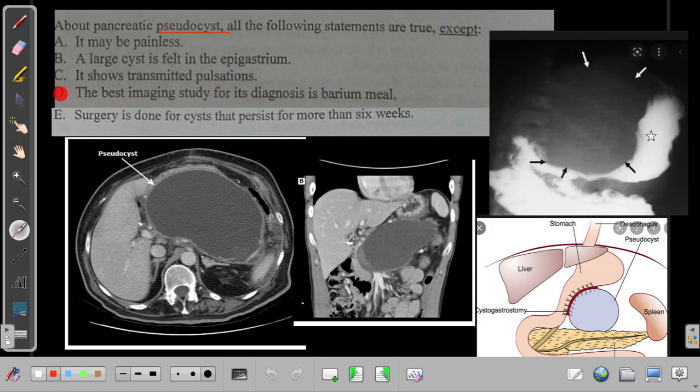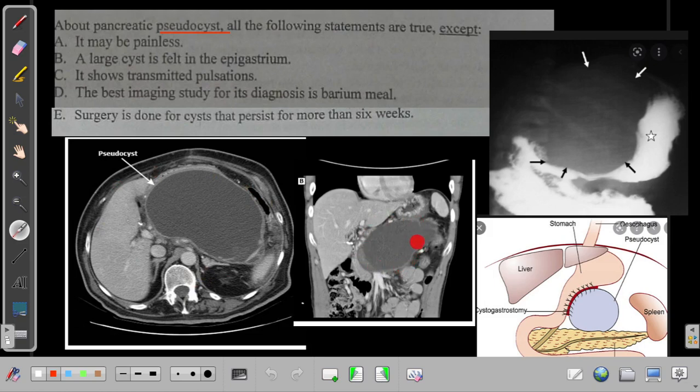Go for D, because as a matter of fact, nowadays we don't ask for barium meal, we ask for ultrasonography or CT. This is a CT picture of a huge pseudopancreatic cyst compressing and partially obstructing the stomach in front of it. This is the axial view and this is the coronal view.